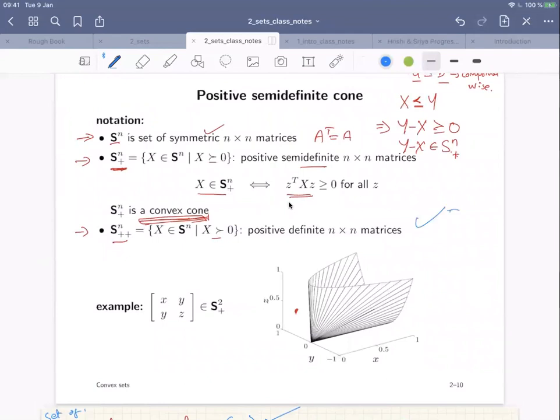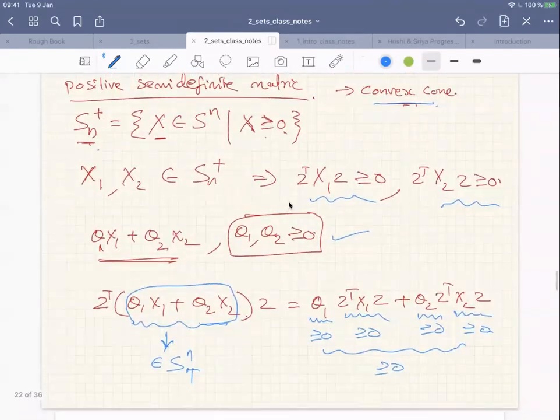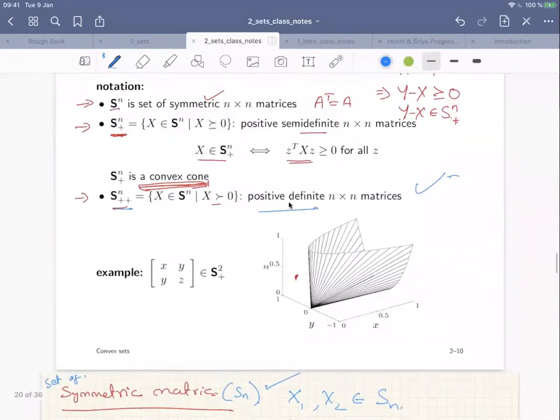Okay, now for the set of positive definite matrices, you can also follow a very similar proof. It's very easy to prove. Yeah, so here is an example. So we are considering the set of positive semi-definite matrices in R2.